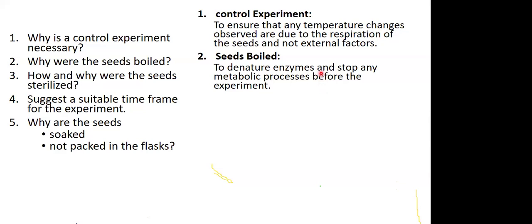So if you want to do a good experiment, you must have a control whereby you can compare the results and know that the actual outcome of your experiment is due to the factor you are investigating, which in this case is respiration producing heat, which is seen from the temperature change. So I hope that is very clear.